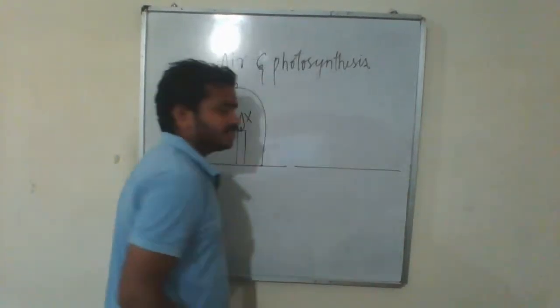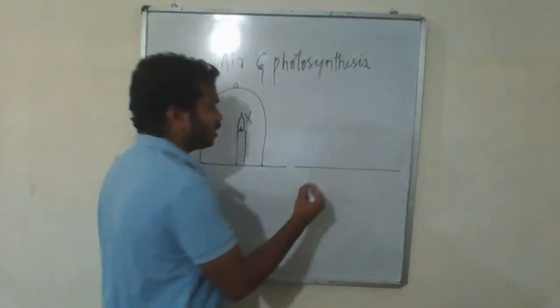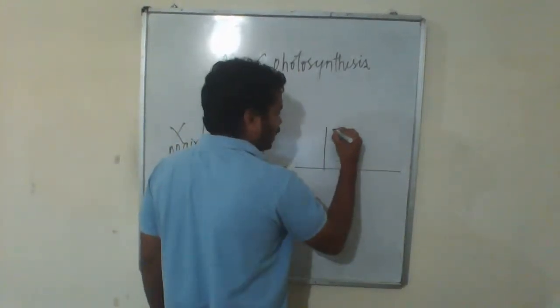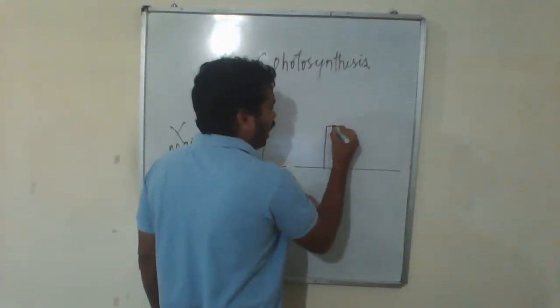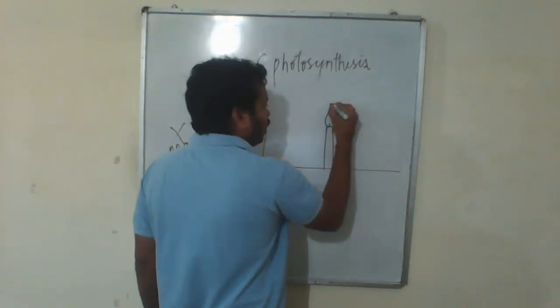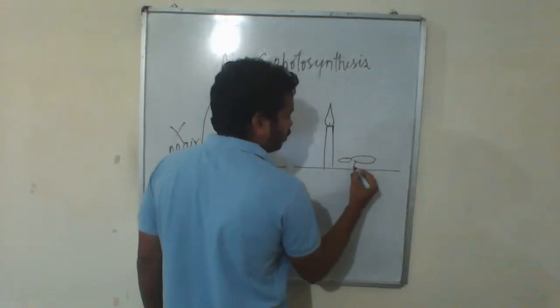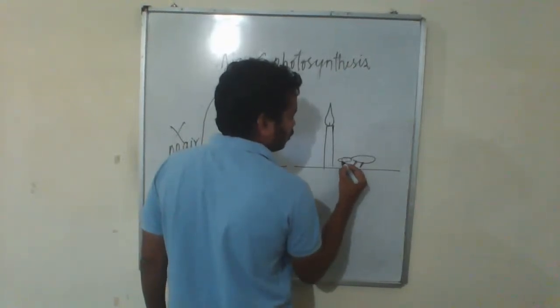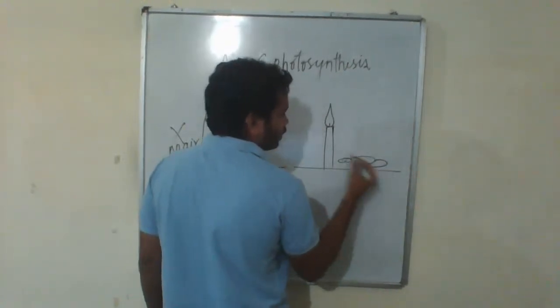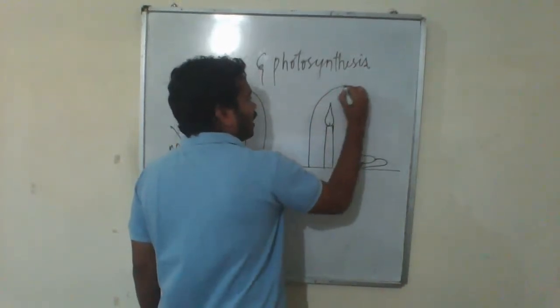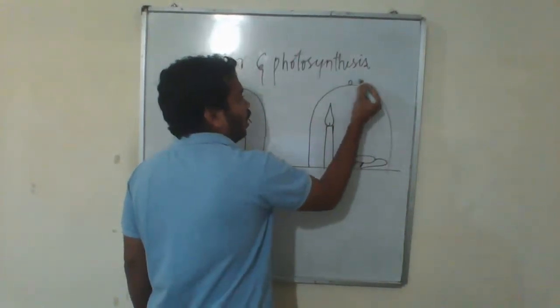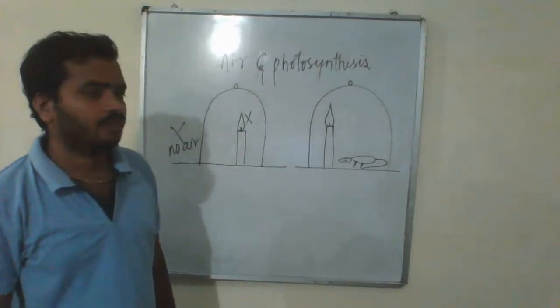Now again he took one more setup, and here he took a candle, and along with this candle he placed a rat under this bell jar.